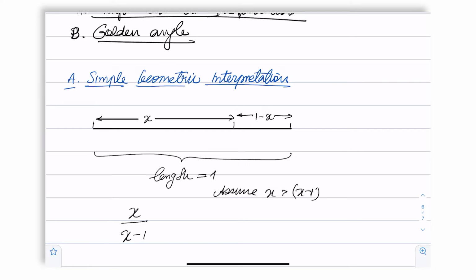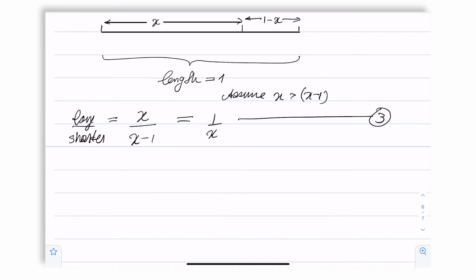So it's the ratio of the longer by the shorter part. This can also be written as 1 by x.